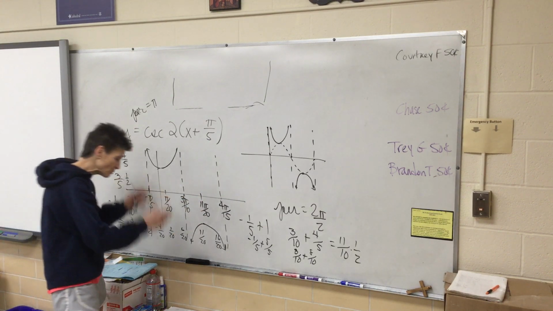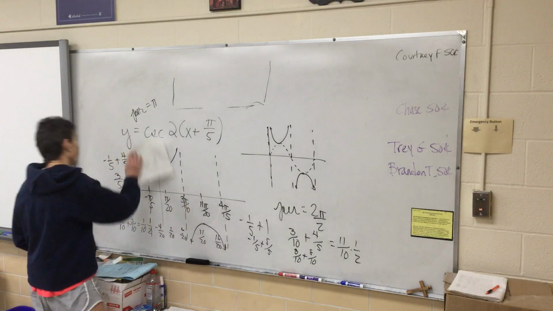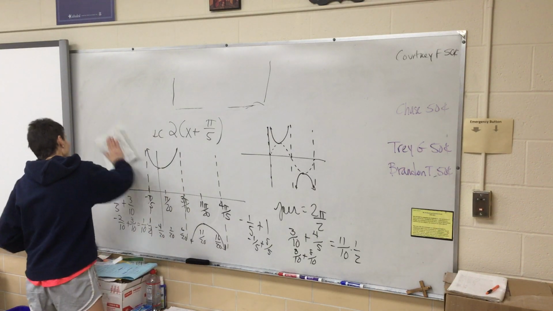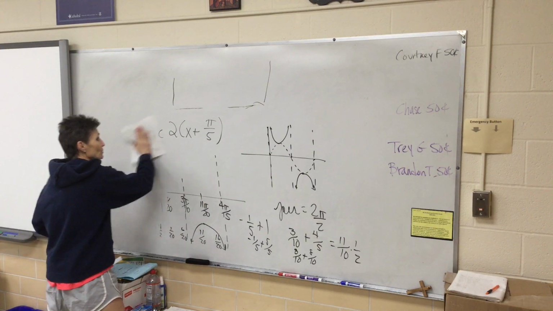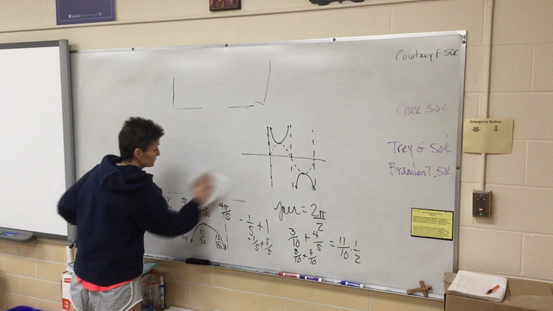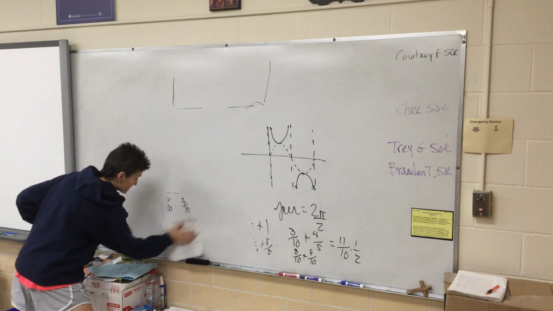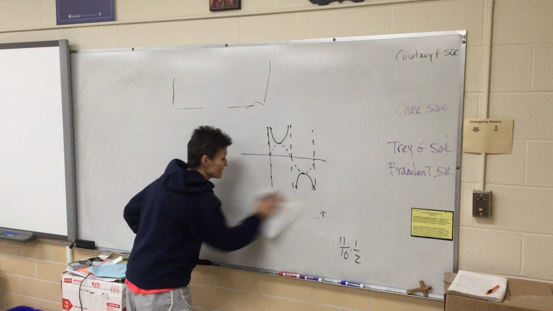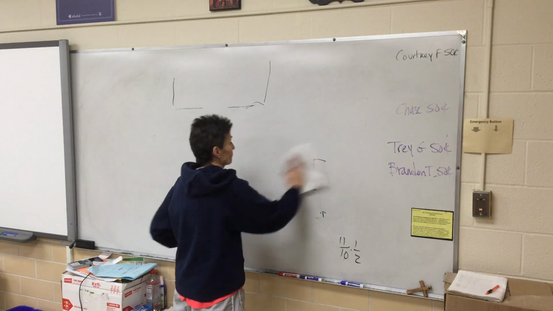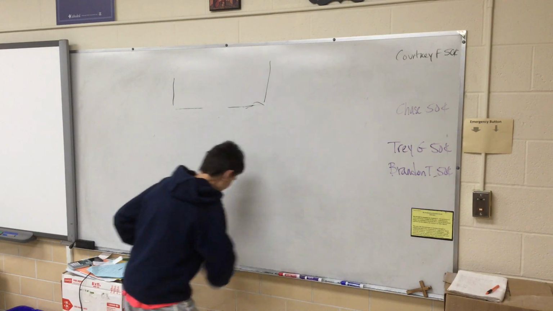All right, so that's review. That's stuff that you've already kind of spent some time in class on. What we want to do now is solve some equations using these reciprocal functions. All right, here's what I mean by that.